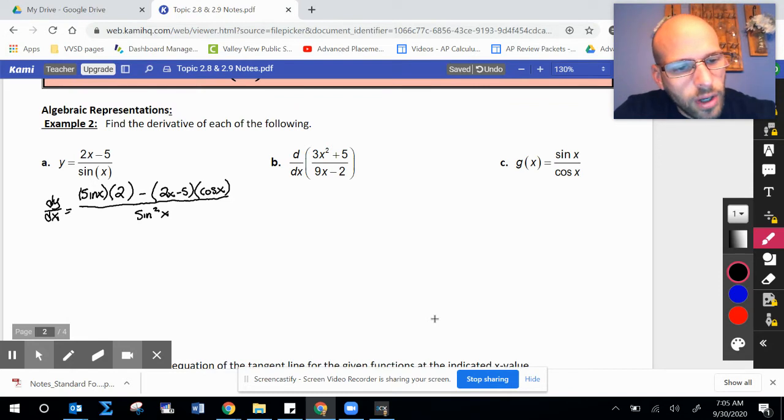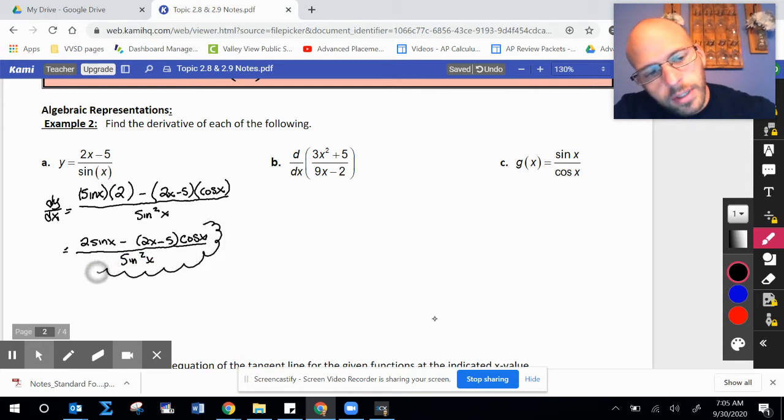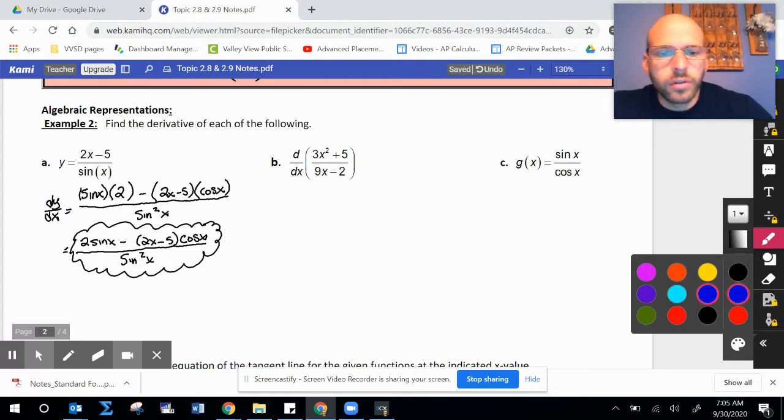Okay, so I get a 2 sine x minus, now there's no really good way to write this, so we're just going to leave it, all over sine squared x. Okay, and that would be my derivative. So low d high minus high d low all over low squared.